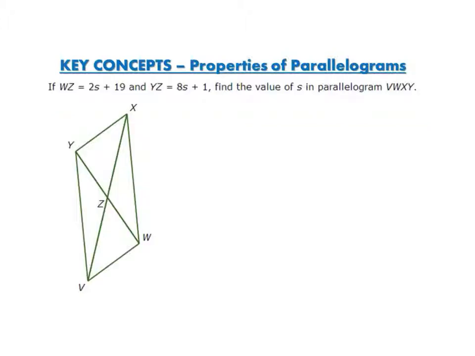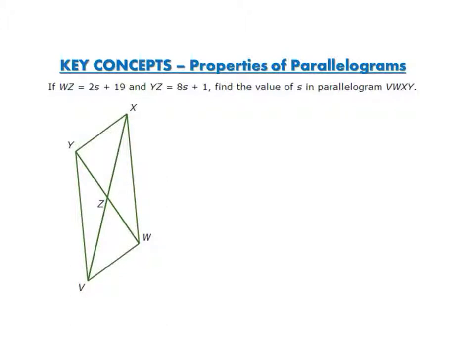Alright, so this problem says that if WZ is 2S plus 19 and YZ is 8S plus 1, find the value of S in parallelogram VWXY. Well, because this diagonal cuts this exactly in half, those two segments are congruent.